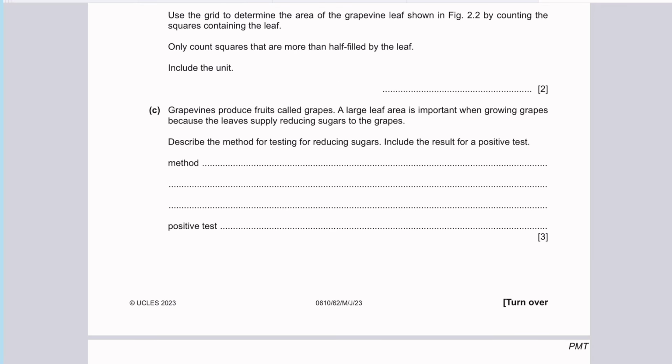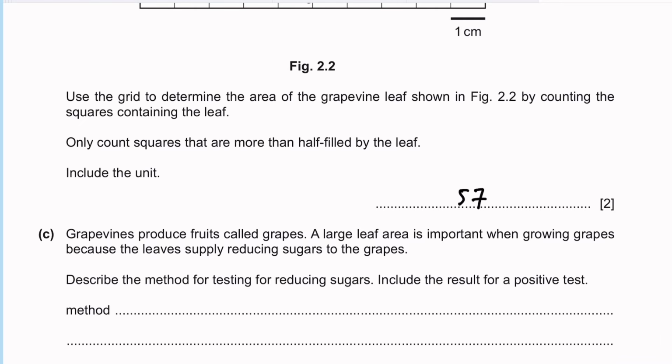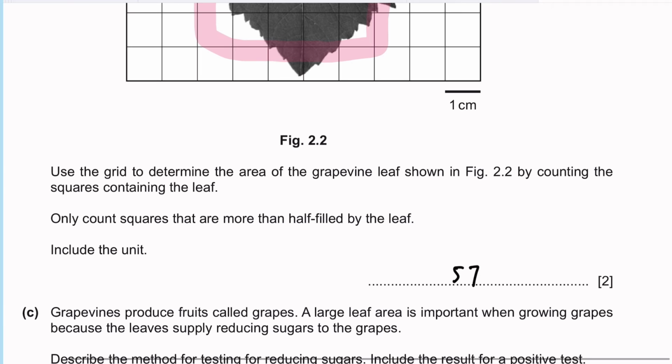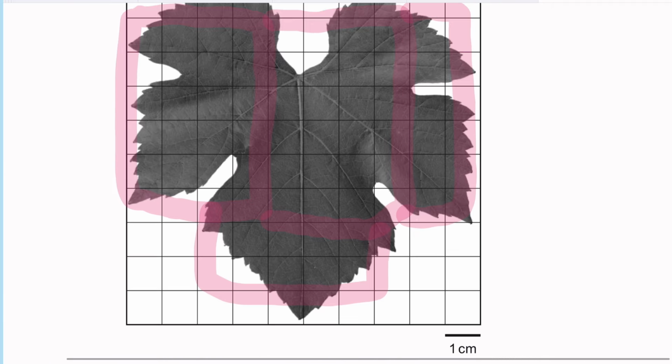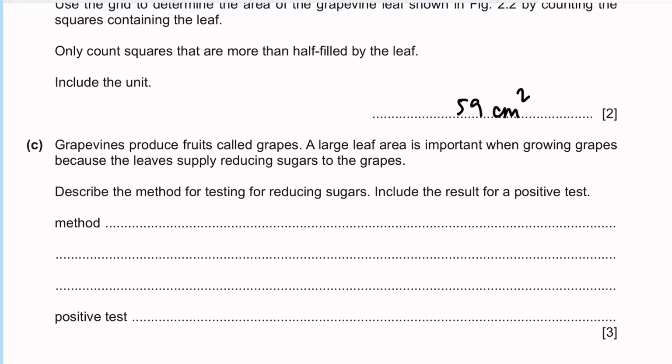This should give you about 57 or 59-ish is what you should be getting. If you count it correctly, the right number of squares is 59, but they should accept anything in a decent range, maybe within 2 or 3 squares. And since each square is a centimeter square, that's centimeter square for the unit.